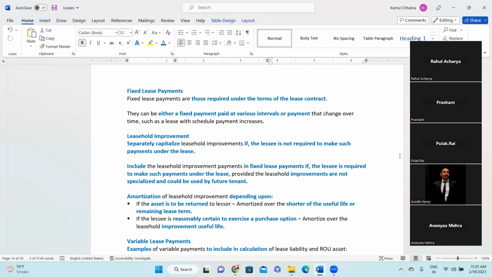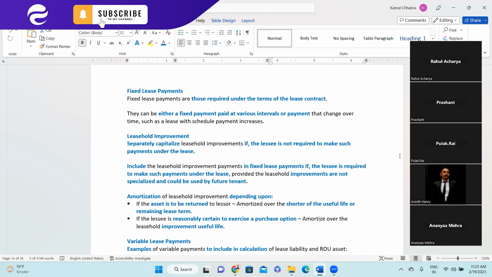Yes, sir. But they will charge extra rental to the lessee for using that property. Same way, if you take any house on rent, if it is a furnished house, generally rent will be more. If it is an unfurnished house, generally rent will be less, because the difference is for the furnishing.